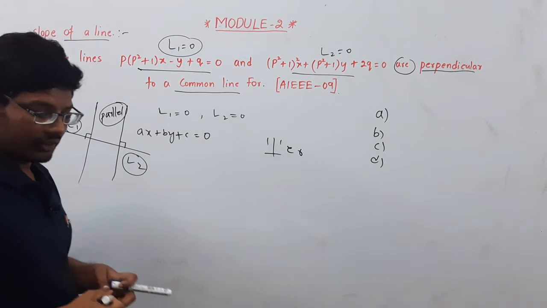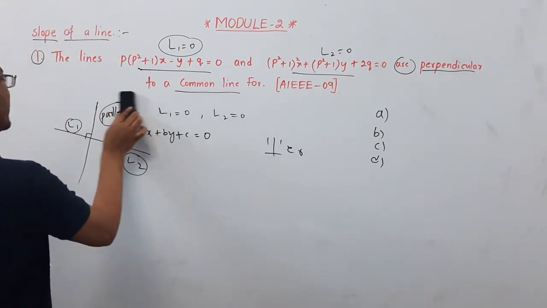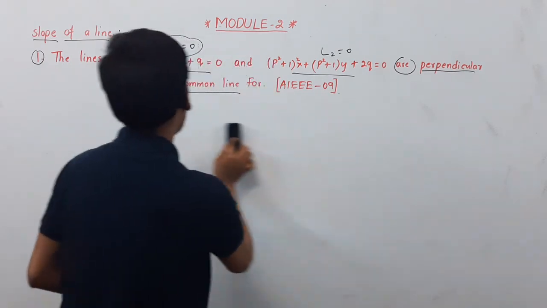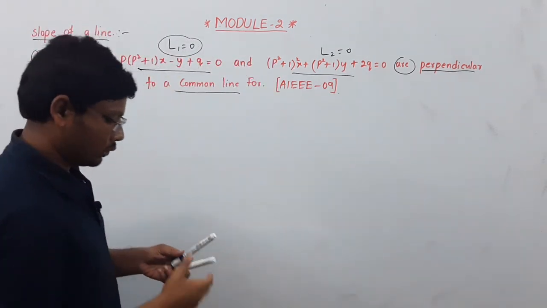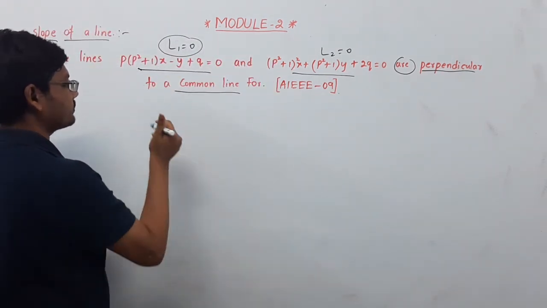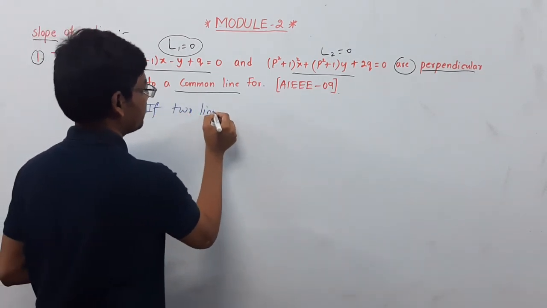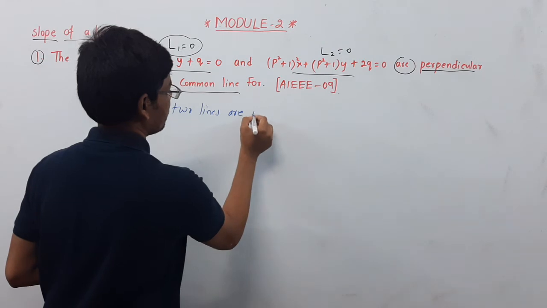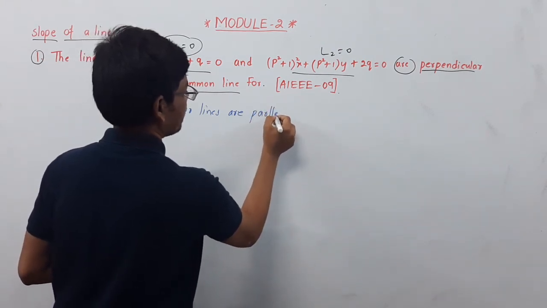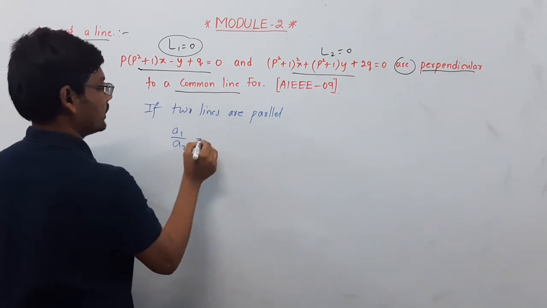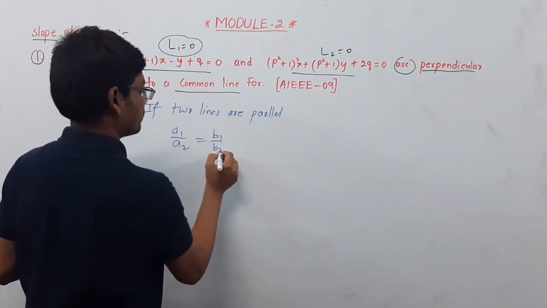This is the condition for this question here. If two lines are parallel in the form of AX plus BY plus C, then the condition is A1 by A2 is equal to B1 by B2.